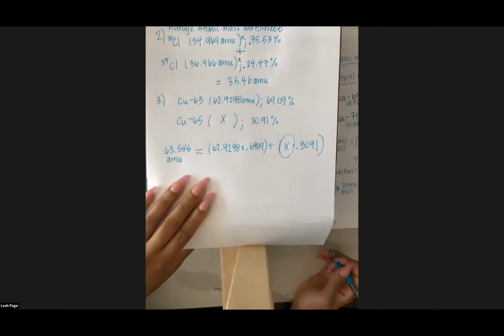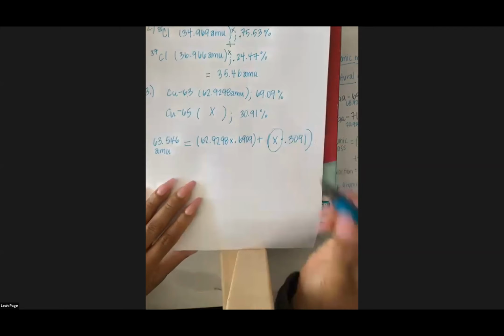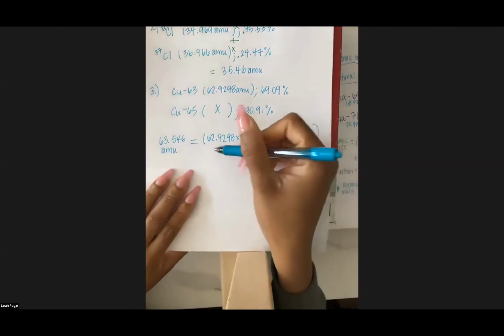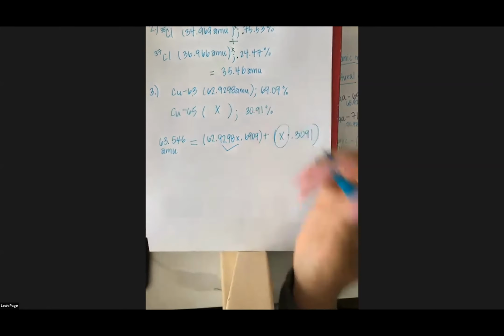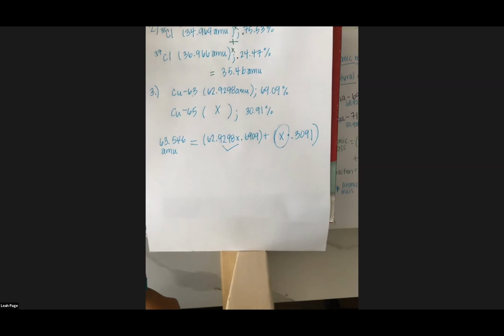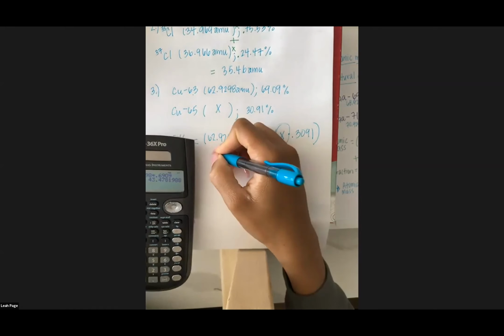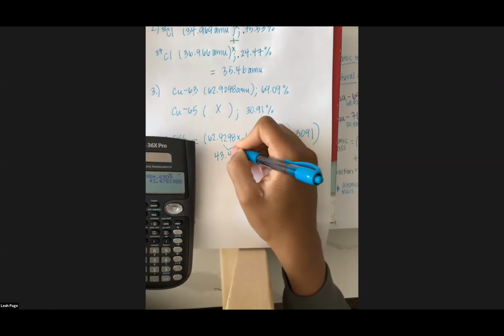Okay, so have we got through number 3? All right, so if we set this up, this is what the equation looks like. So if I multiply these two numbers together, I should have 4 Sig Figs. So it's going to be 62.9298 times 0.6909. 4 Sig Figs gives me 43.47.